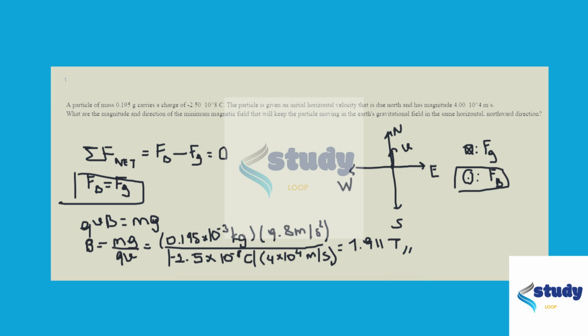So if that's the direction of the magnetic force, from the right-hand rule, everybody has a different way of doing it, but from the right-hand rule, you can determine that the B has to be actually eastward.